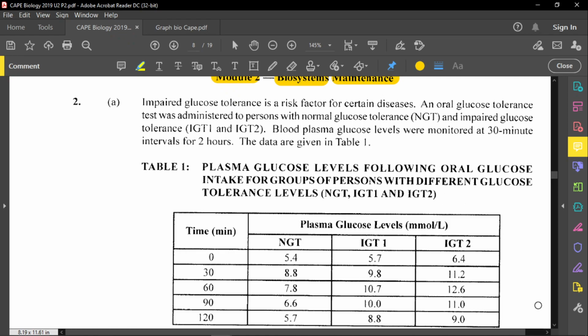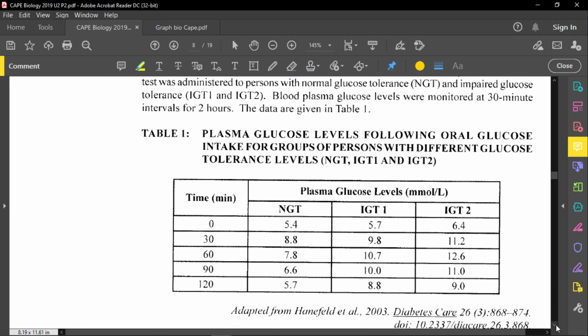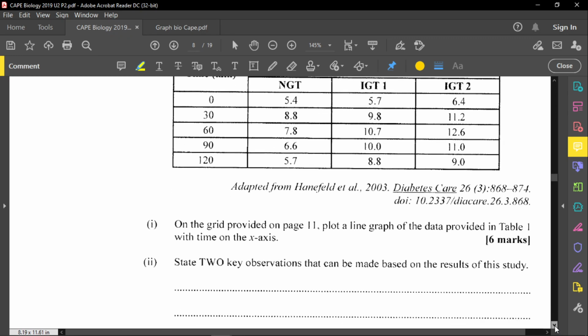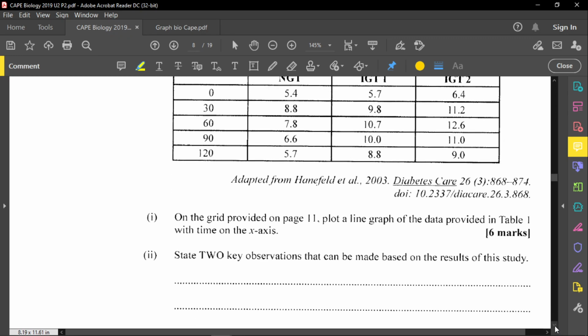And so the chart here represents our data information. And part 1 of this question says, on the grid provided on page 11, plot a line graph for the data provided in Table 1 with time on the x-axis. And this is a 6-mark question.